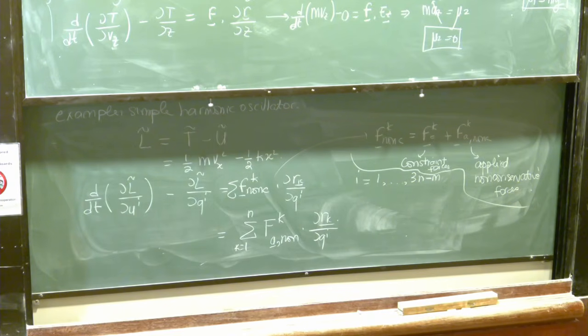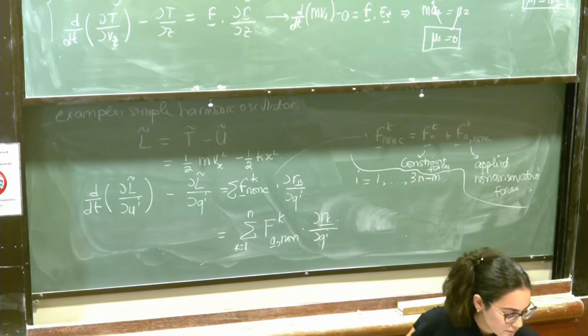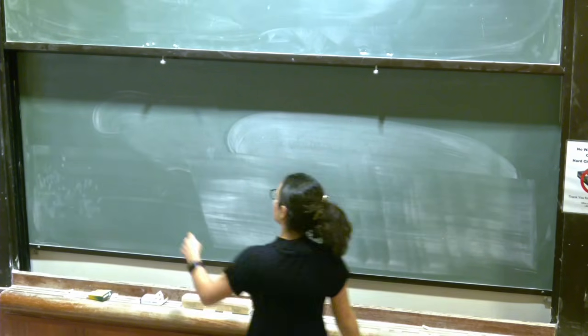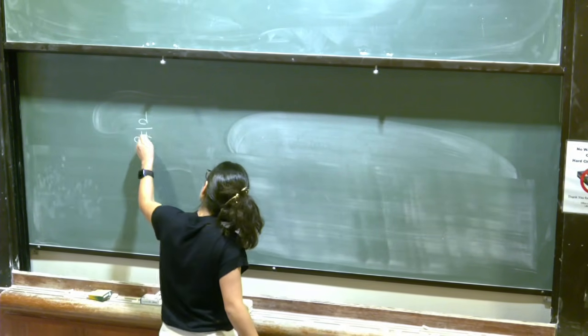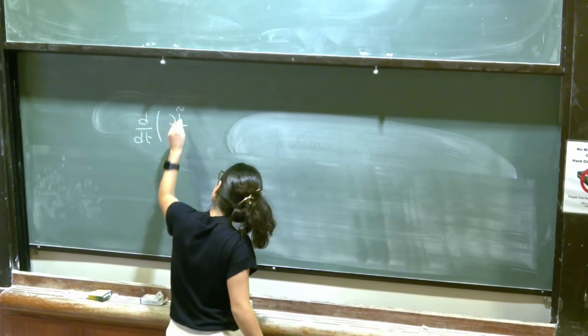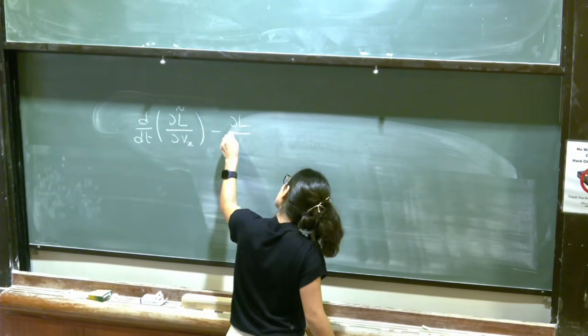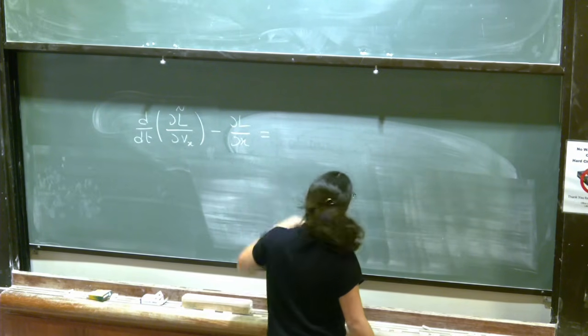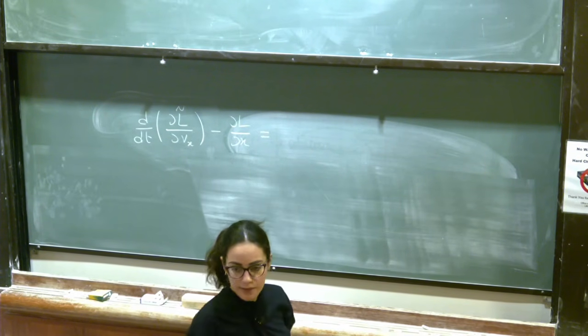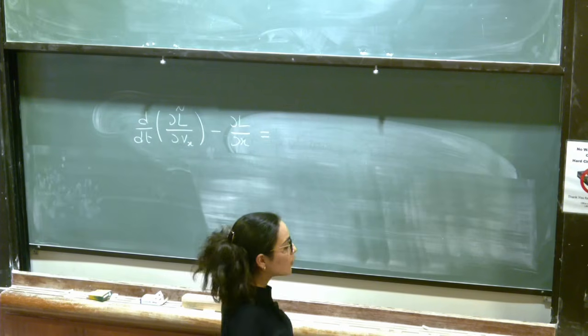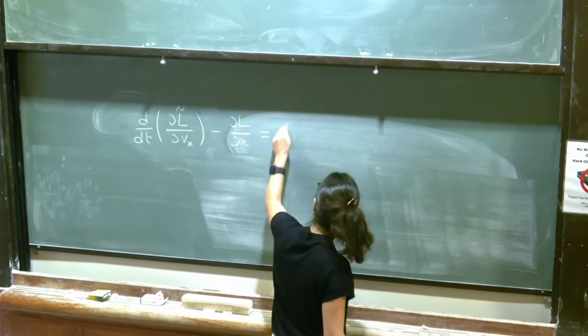So let's go back and apply this equation, d by dt of del L tilde by del Vx minus del L by del x is equal to, there are no non-holonomic applied forces, so that's going to be 0.